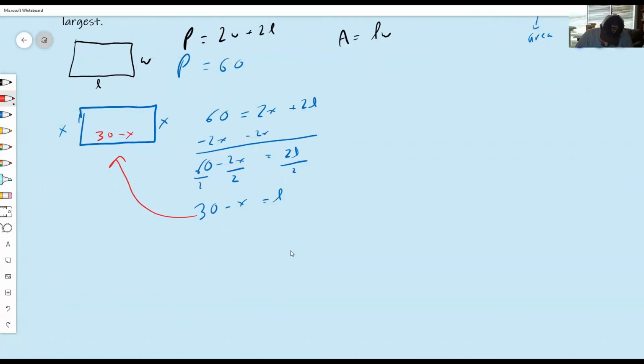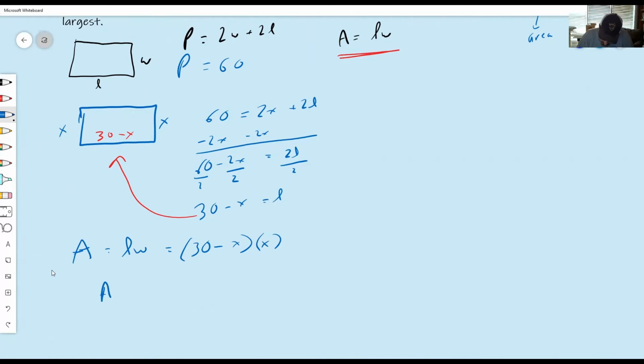So our area, right? Area is length times width, with 30 minus x times x.